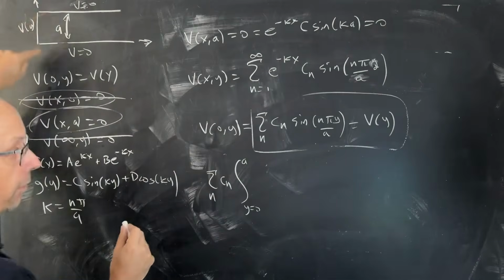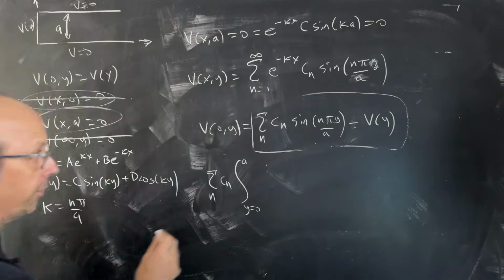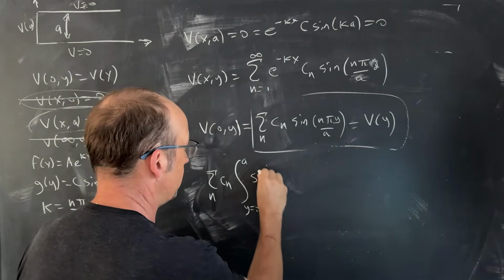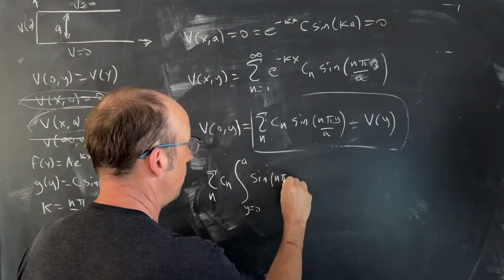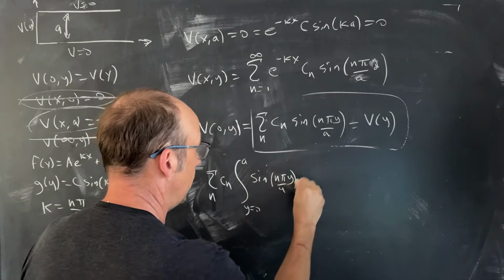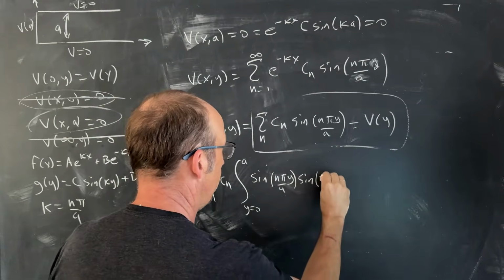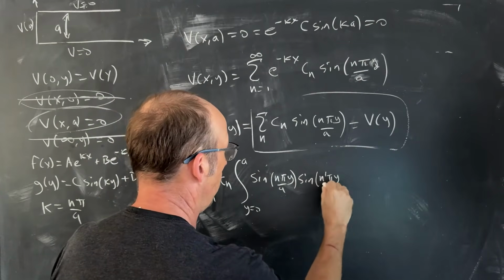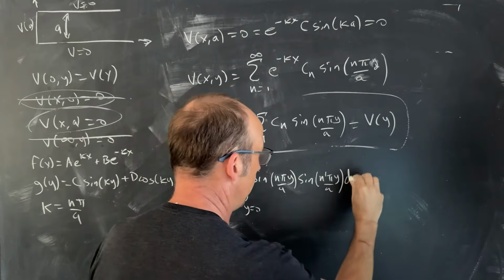Because it only exists from 0 to a, of sine n pi y over a times sine of n prime pi y over a. Remember, I multiply both sides by that, dy.